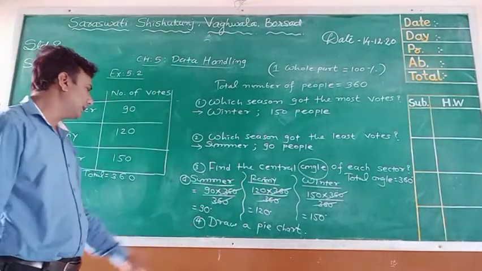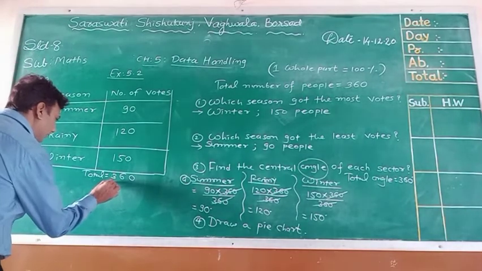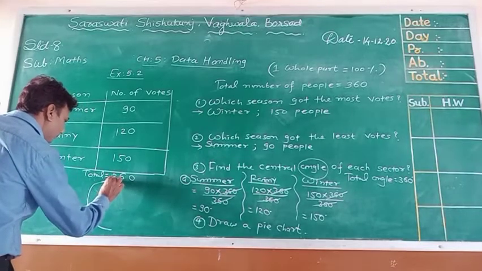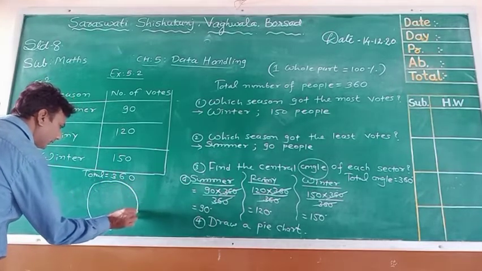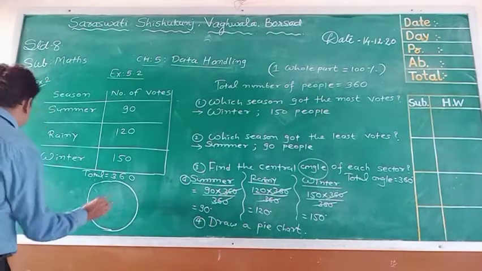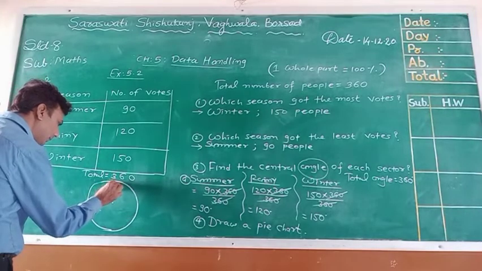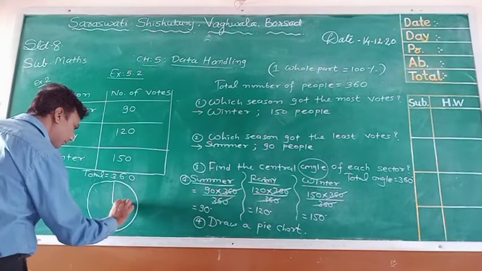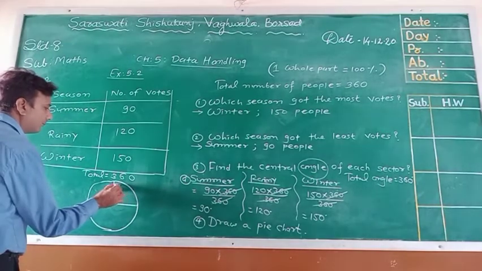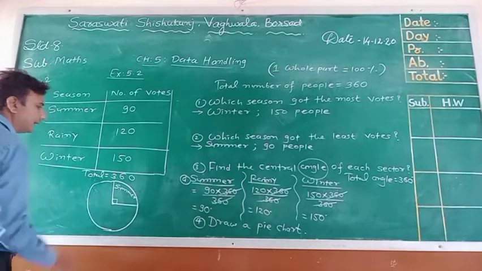Now the last question: draw a pie chart. First we have to draw one circle. In this circle there is a center, and 90 degrees, which obviously we know is a right angle.